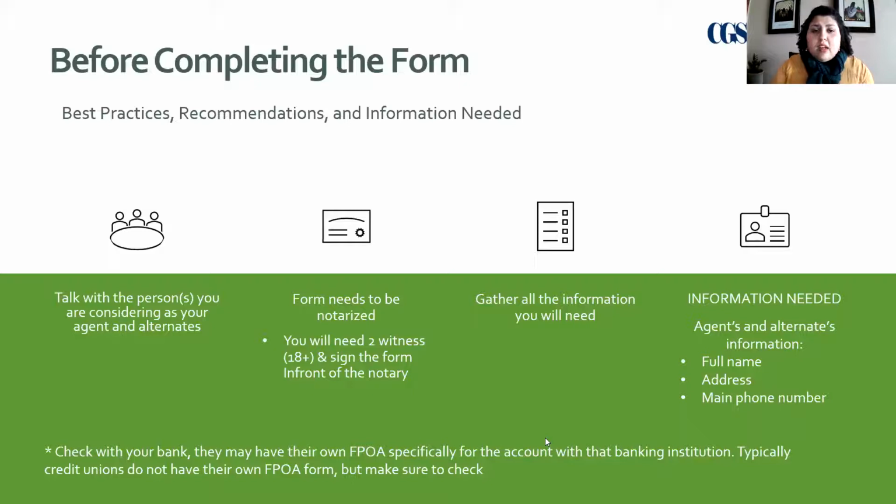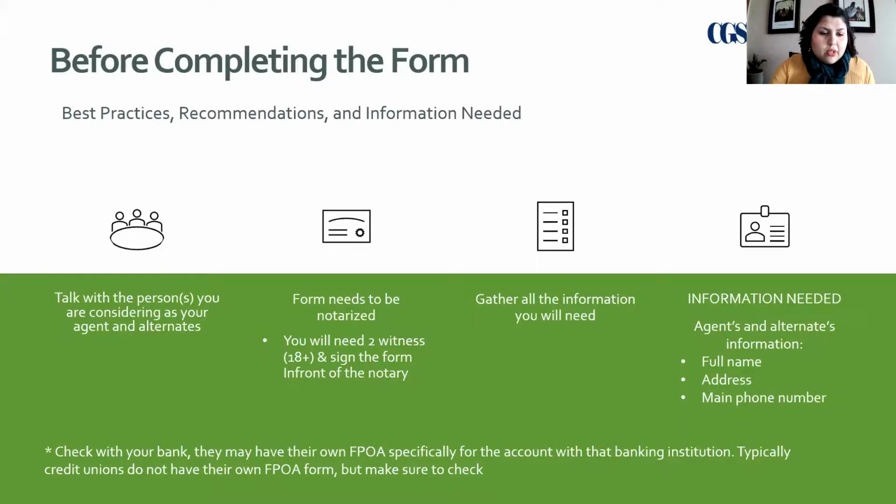Any accounts that you have under any financial institution, whether it's a credit card or a savings, we want to check with those banks, whether it's one bank or if you bank at multiple banks, make sure you check with all of those, okay?